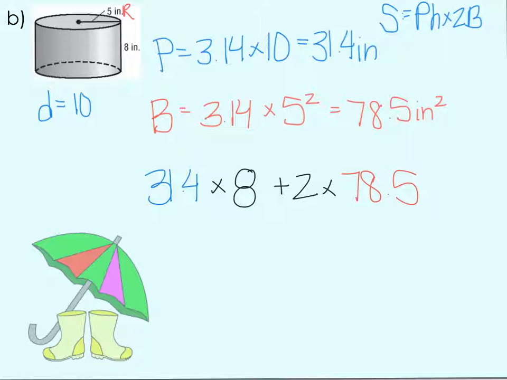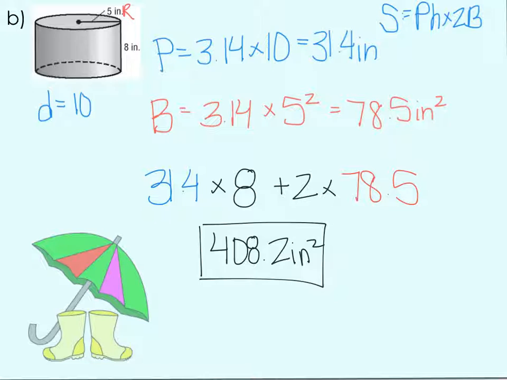I'm going to give you guys a second to type that in to see what you guys come up for an answer, and hopefully we come up with the same answer. All right, you guys should come up with 408.2 inches squared rounded to the nearest tenths place. Again, if you guys have questions, help each other out so that way you guys can all understand how to do this one.